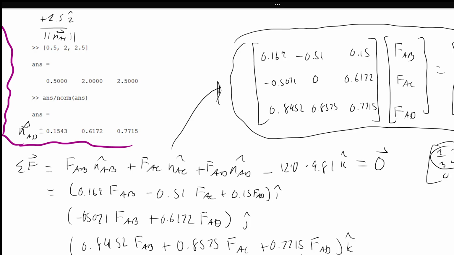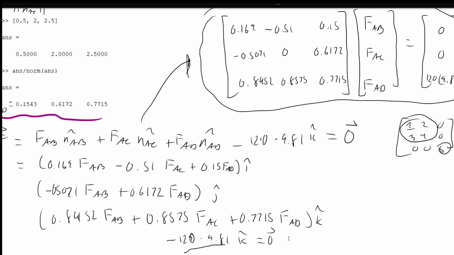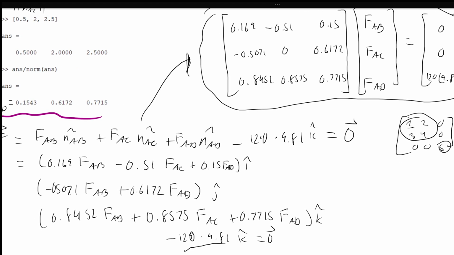Okay. So I've typed in the matrix, B is equal to 120 times 9.81, A divided by B. Alright, so I'm going to paste my MATLAB screenshots in here as well. Is that right? Let me double check. Sorry, I'm double checking with the solution document right now.